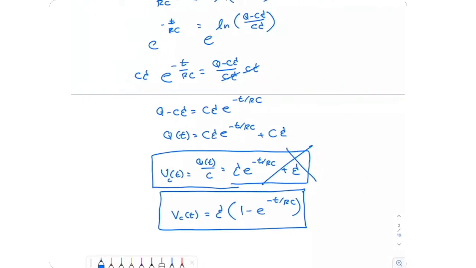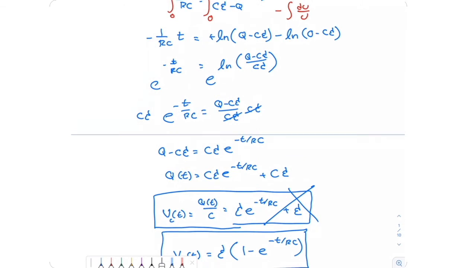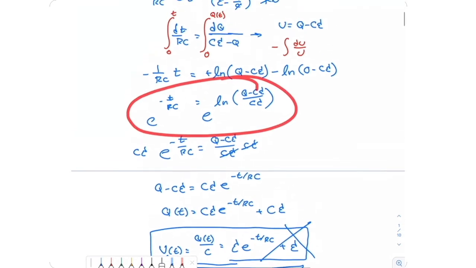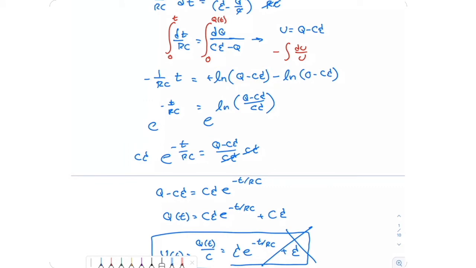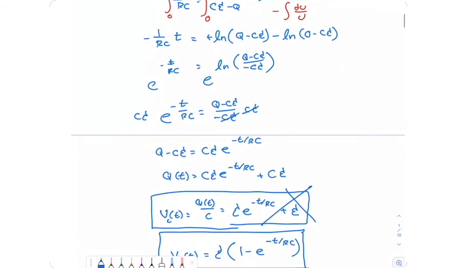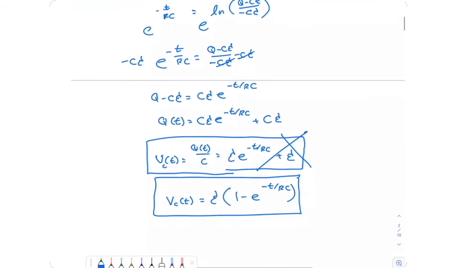Perfect. Oh, the negative right there. Thank you. Yep, that negative right there got me. So that should be negative, and that means I multiply by negative, and that makes everything happy.